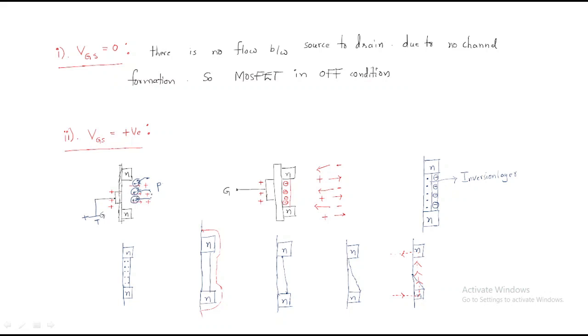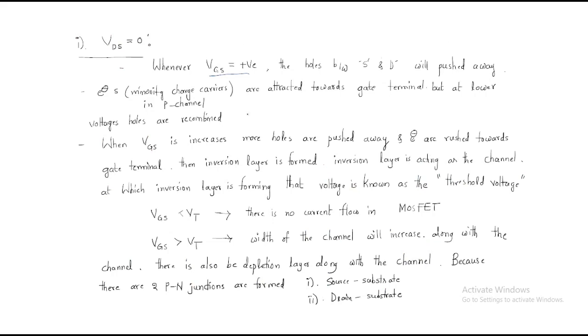So for low voltages, these p channel positive charge carriers, that means holes, are pushed away and electrons are attracted towards the gate terminal, but due to the low voltage they are recombined with the holes in the p channel.